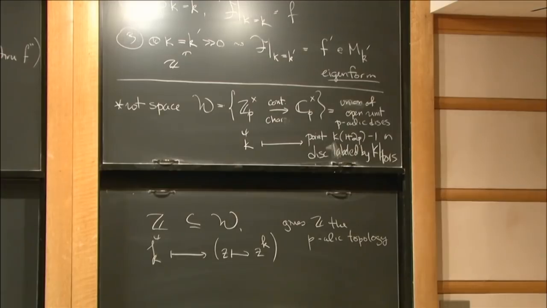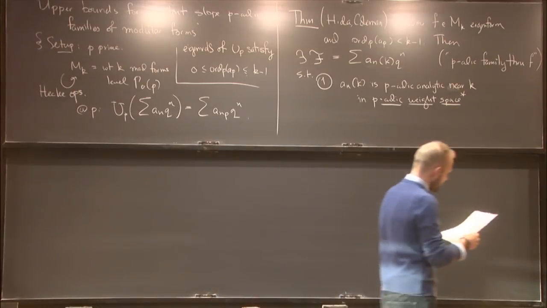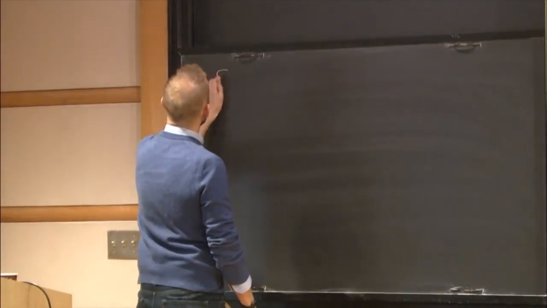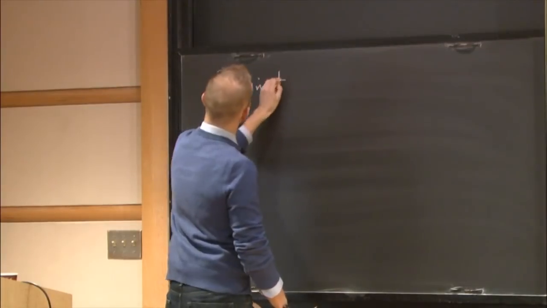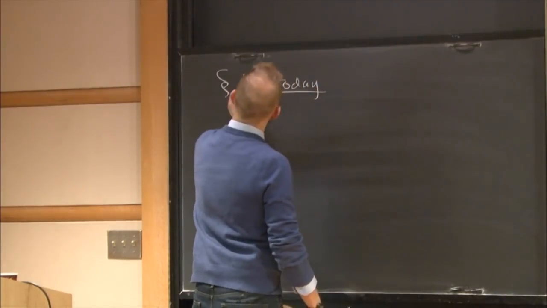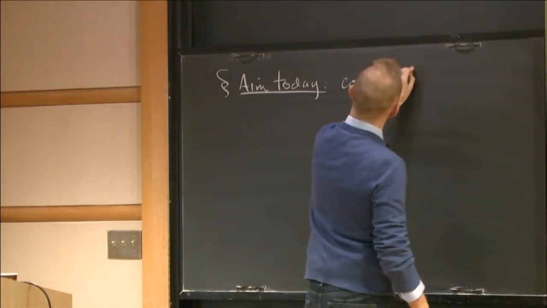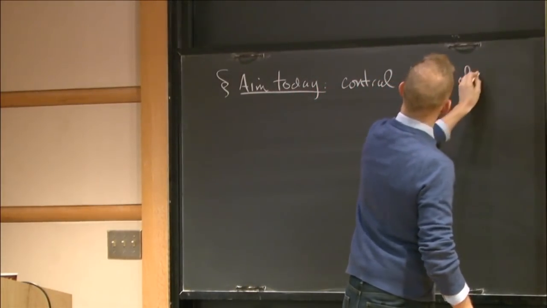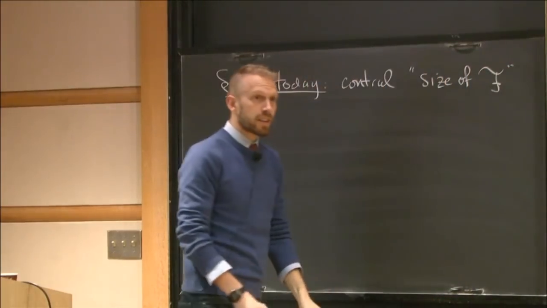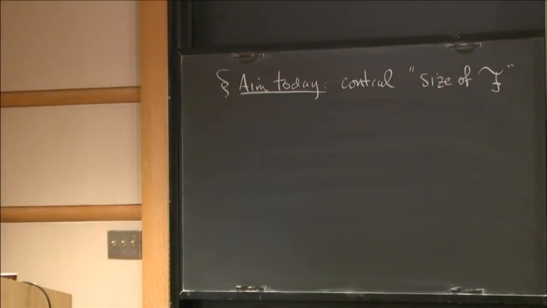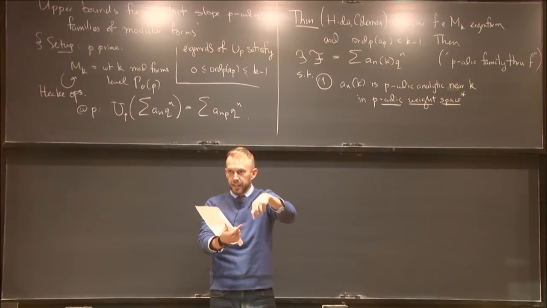Now, what is my goal in citing this theorem? So the aim today is I want to control the size of f. And what I mean is you're only told that f is given by a convergent q-series expansion on some disk near k.